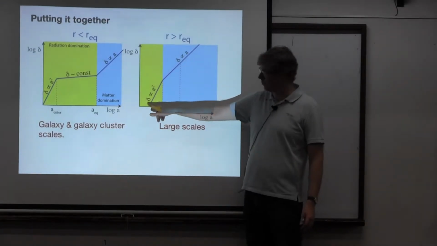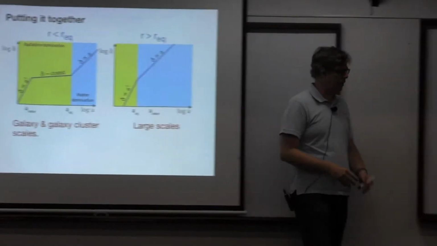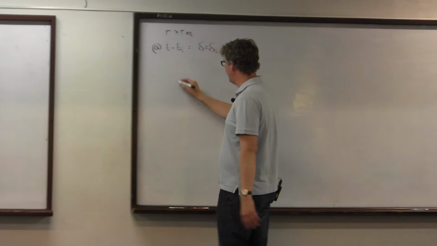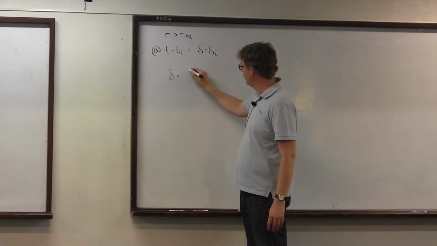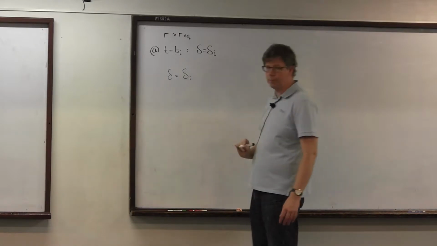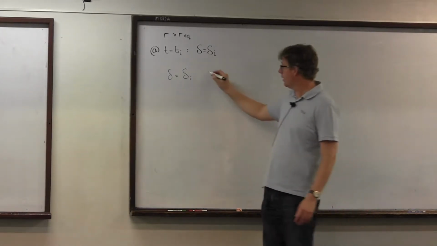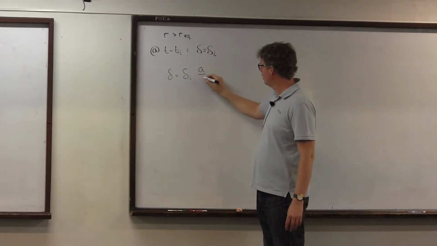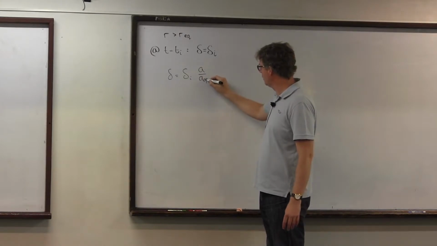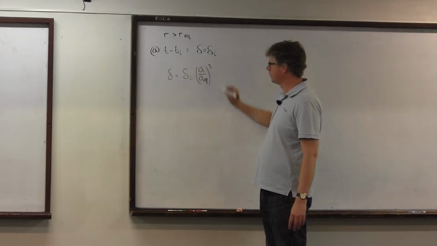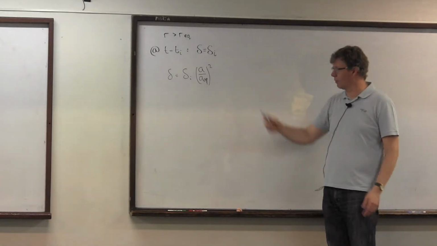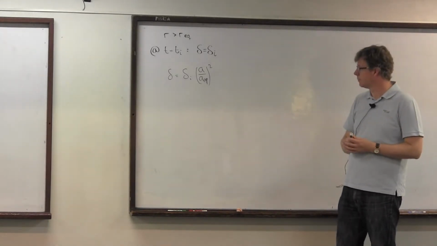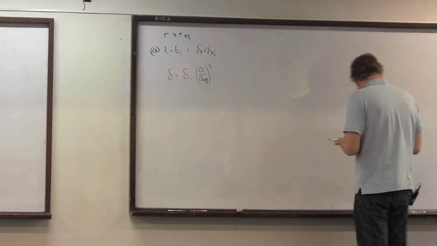So now I want to evolve it up to A equality, because that's where the slope changes. And that's quite easy, because I know that in that case, the first step, so this delta is going to be delta I times A over A equality squared. Okay? It's just going to go as A squared. Sorry, what am I doing?